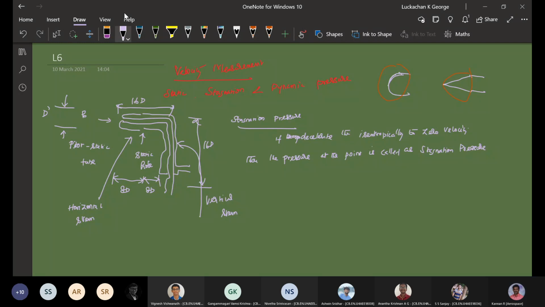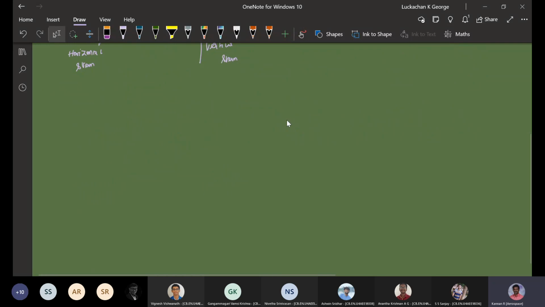Any question on that? Using this, once again I will draw the probe here.